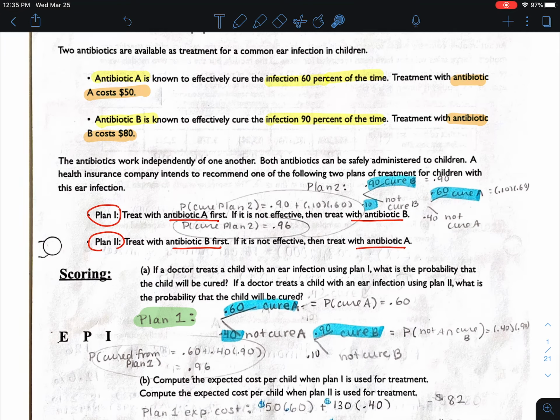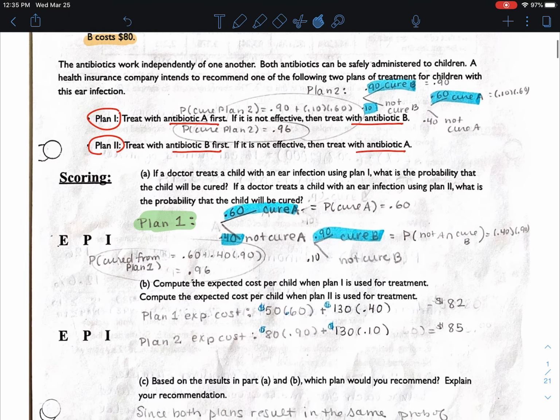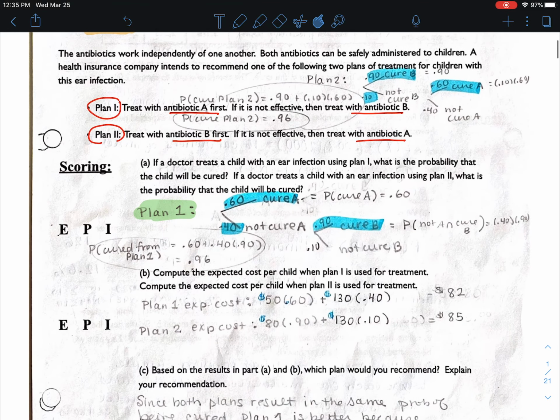There's a 96% chance that they could be cured with plan A. Then up here you can see I worked the same logic with plan B, making the tree diagram very similar, multiplying through the branches and then adding these two options together. And you'll notice that we get the exact same probability, which is going to play a role with some of these other parts.